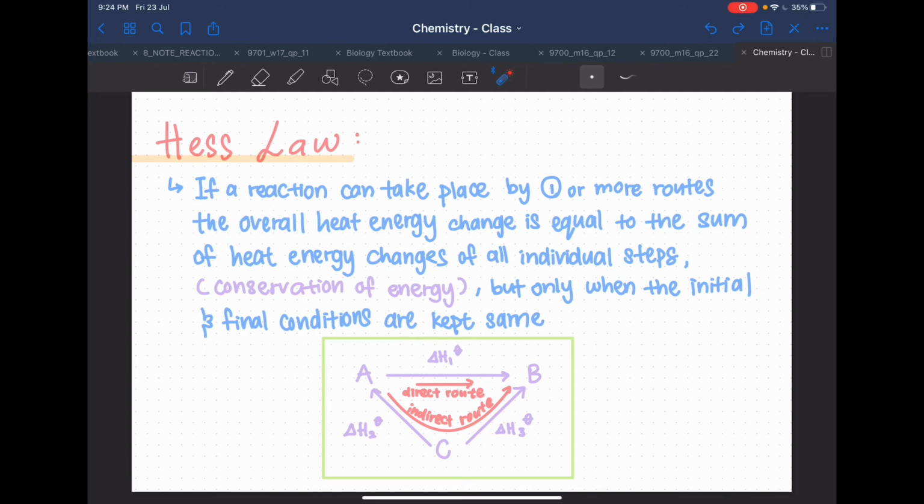So if we cannot measure the enthalpy change of a reaction experimentally, we can measure other enthalpy changes of different reactions that have relationships with the reactants and products of the reaction that cannot be experimentally measured. Then you can connect them to form a relationship, and from those reactions that can be measured experimentally, you can get the enthalpy change indirectly as well.